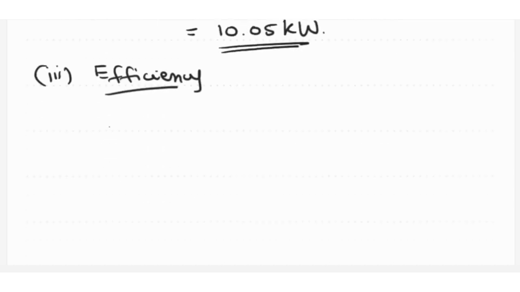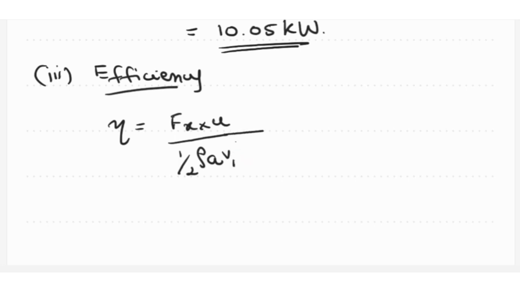That is given by eta is equal to output of the jet divided by input. So output is nothing but work done, so Fx into U. Input is half into rho into a into V1 cube.